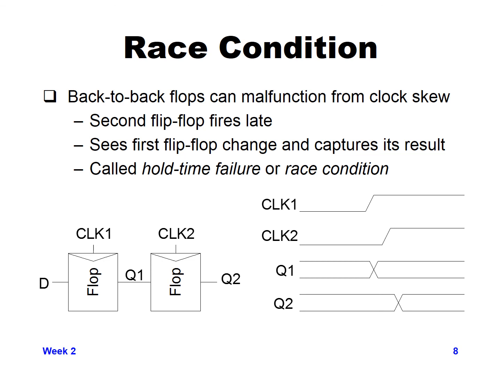This is what's called a hold time failure, or sometimes also called a min delay failure, because it went through in a minimum of time, quicker than it should have. This is a type of thing that we don't want at all, and it will cause a failure on our chip if we have it. So we try to design these things out as carefully as possible.